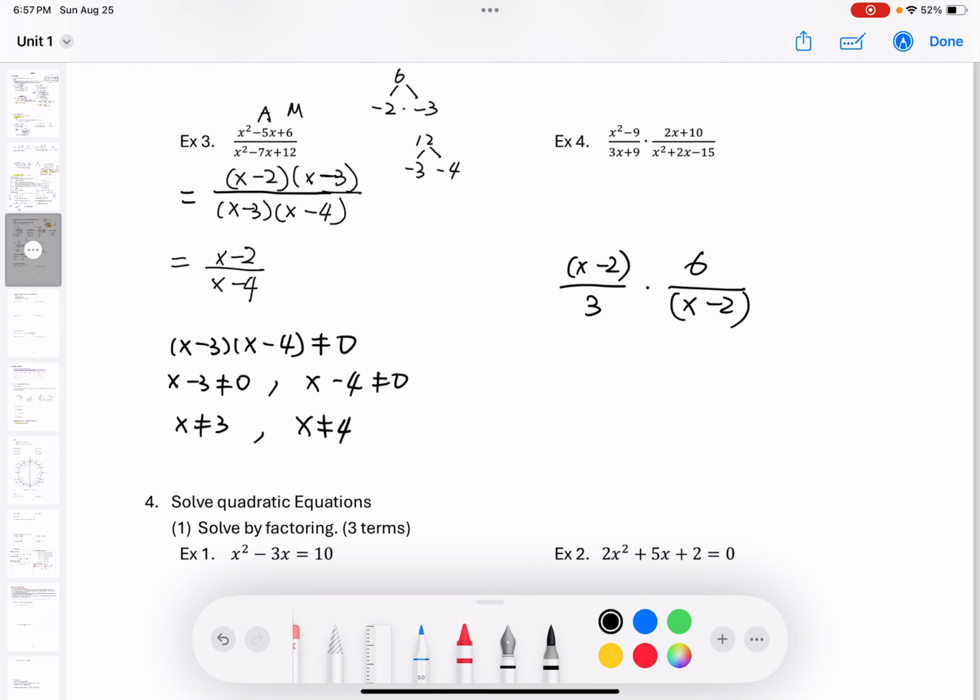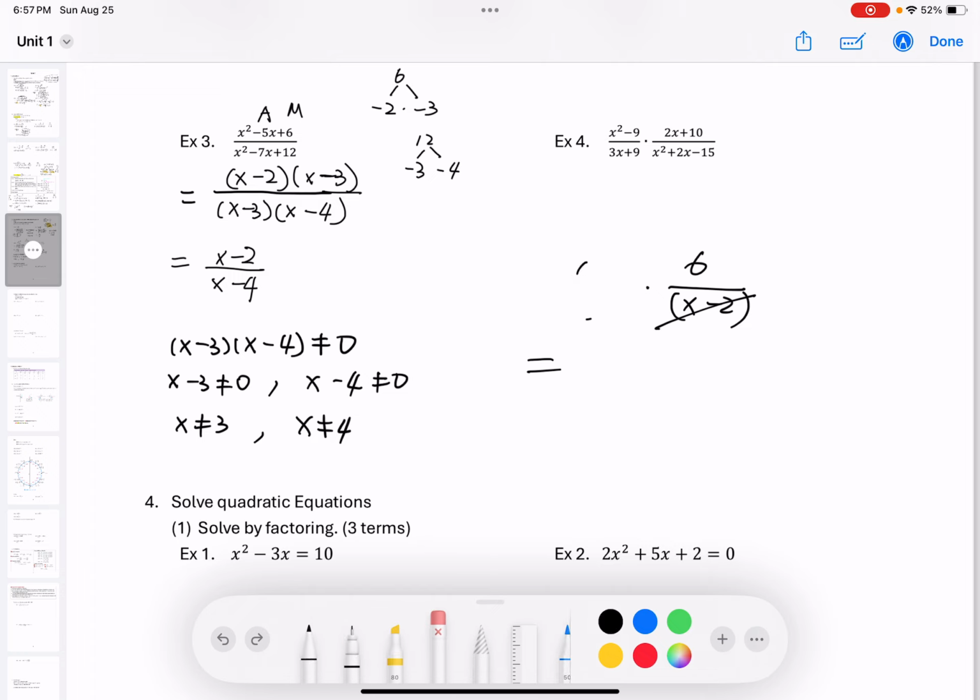It doesn't matter which top and bottom. So on the top, x minus 2 divided by x minus 2 is 1, and 6 over 3 is 2, or you say 2 over 1, which is 2. So any top, any bottom, they can be cancelled.